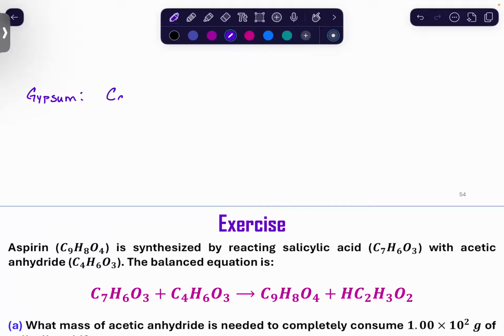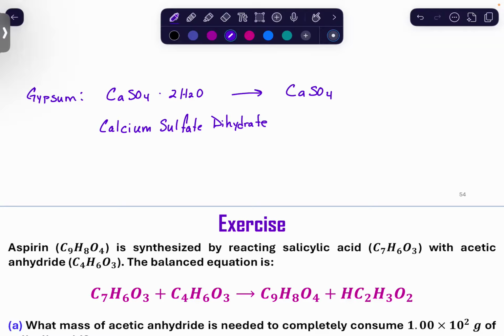You're going to have these in labs. So this is called a hydrate. So this is calcium sulfate dihydrate. And one of the ways you work with these in lab is you put them in a dish and you heat them and you bake the water out. So what you can do is you bake these and you can get, for example, the calcium sulfate without the water in there.